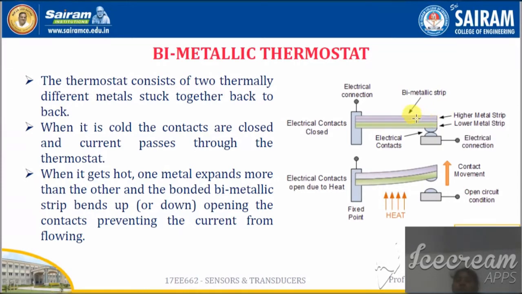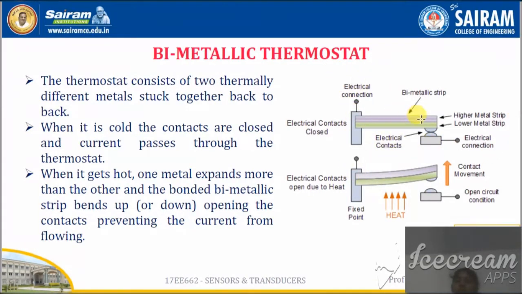Here this metal strip is subjected to temperature. Two conditions we should write. One is when the temperature is normal, or cold. There is no temperature subjecting these metal strips, and hence the normally closed contact remains closed and current passes through the circuit.